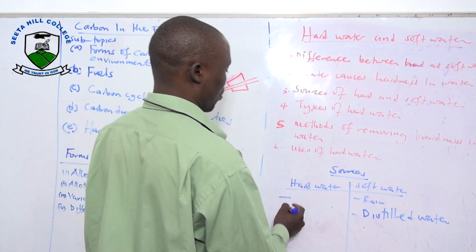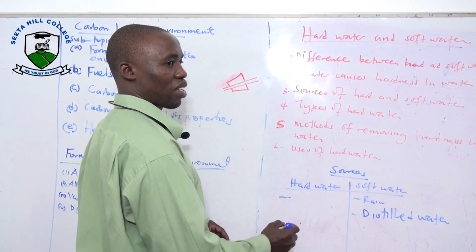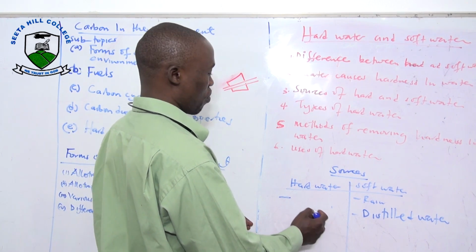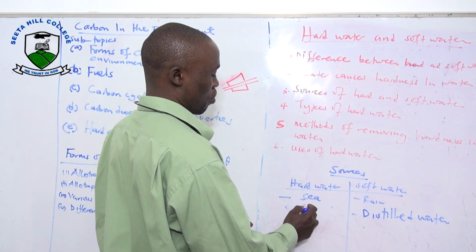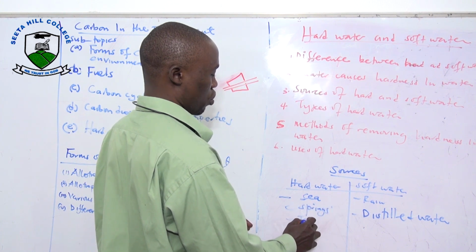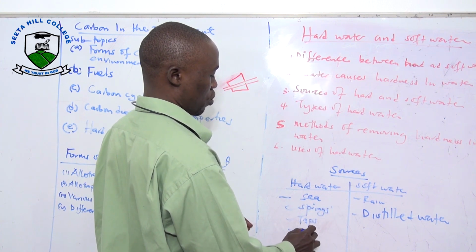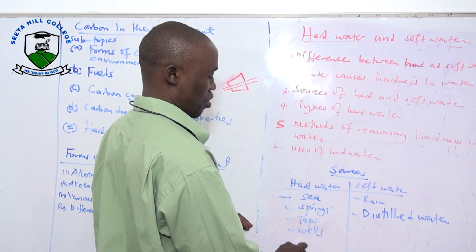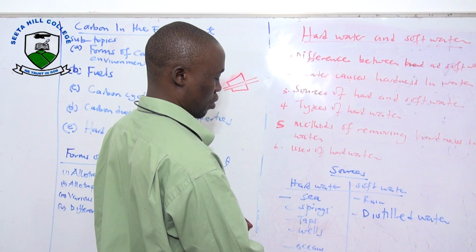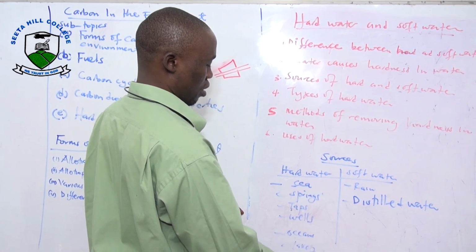What is this? Hard water is got from? You give us the first one also. Springs, taps, wells, oceans, lakes, rivers, mountains.